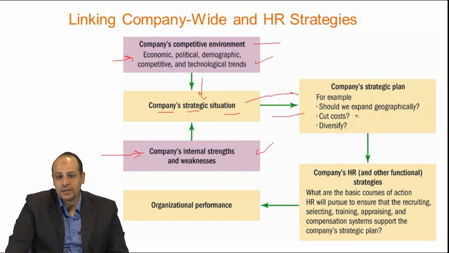Now, the components of strategic human resource system: of course, we have professionals, we have policies and practices, and we have the employees' behaviors and competencies, which is what the human resource strategy is actually trying to get. So this is what the strategic human resource system is supposed to handle.